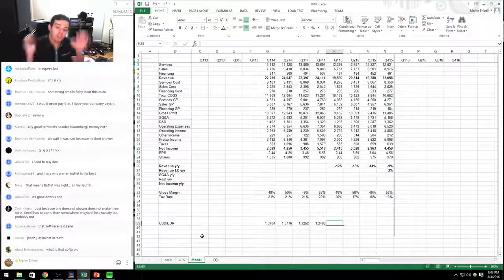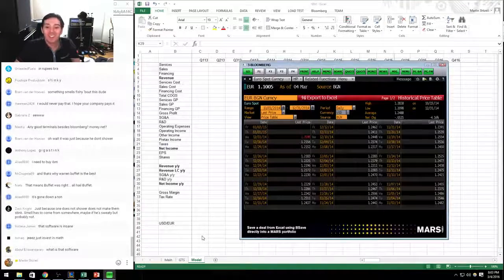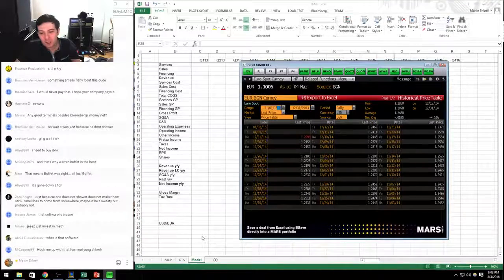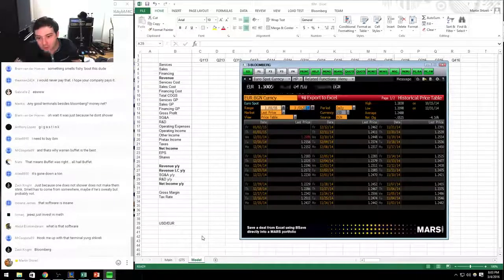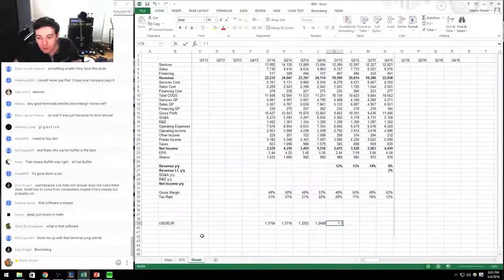1.2488. IBM is an international company. Literally the first letter of IBM stands for international. So we have to look at the currencies because this could be a big impact. 1.1268.